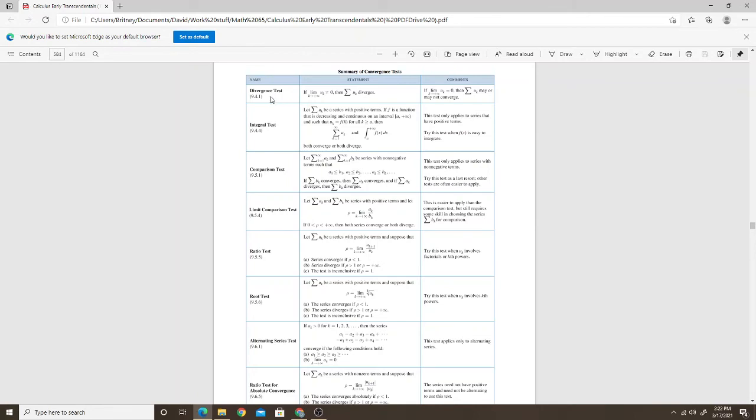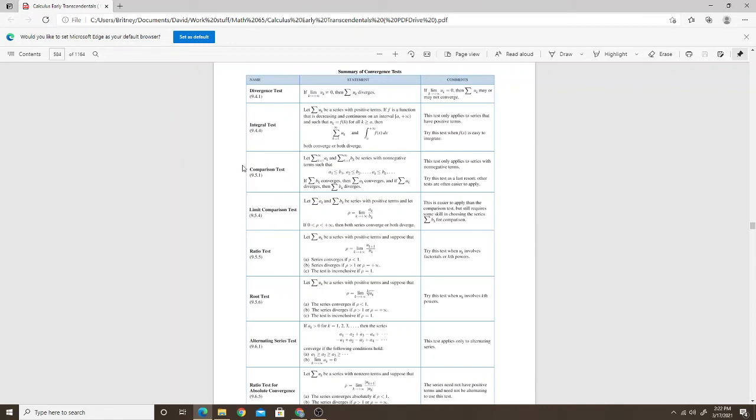So first of all, you've got the divergence tests, right? Right off the bat, if the limit of the terms is not 0, then the series is going to diverge. If the limit is equal to 0, then the series could converge or could diverge. You just have more work to do. We talked about the integral test, the direct comparison test, the limit comparison test.